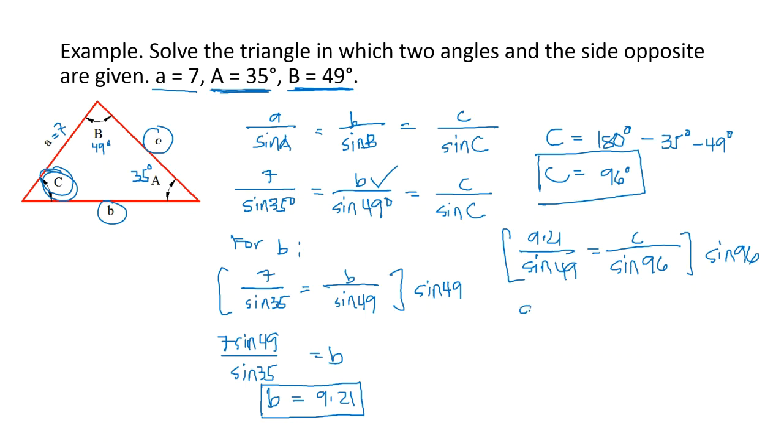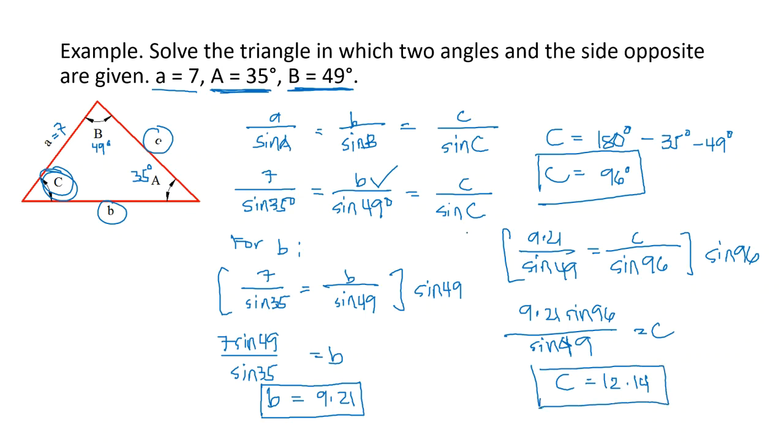So we have 9.21 sine 96 over sine 49 is equivalent to C. Calculating that, our side C is equivalent to 12.14. So these are now the answers for the missing values in our triangle.